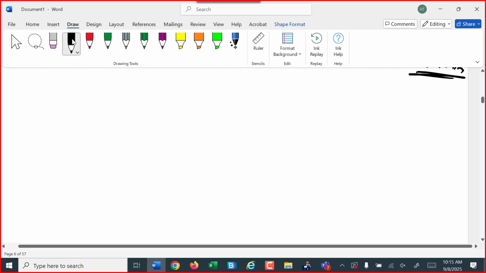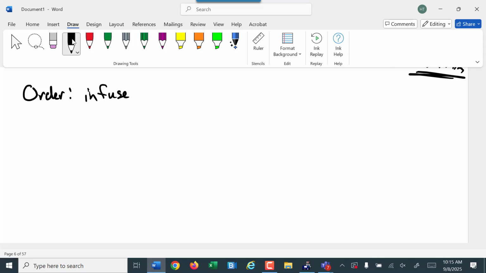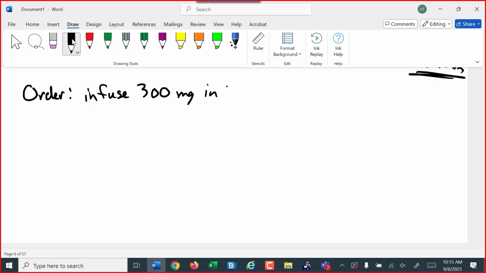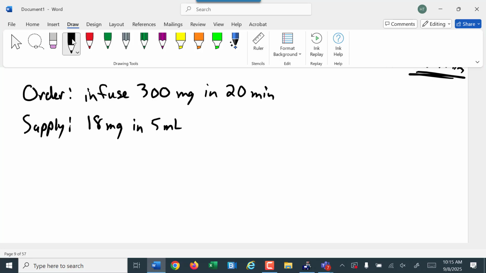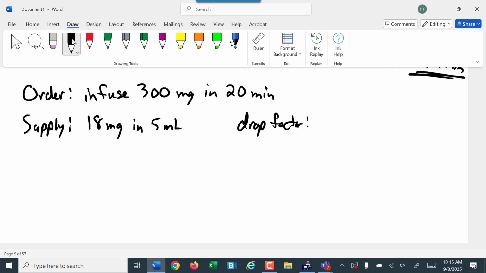So I'm going to have you guys try one in your notes. Let's do, in order to infuse 300 milligrams in 20 minutes, with a supply that says we're constituted as 18 milligrams in 5 milliliters of solution, with a drop factor of 12 drops per milliliter.